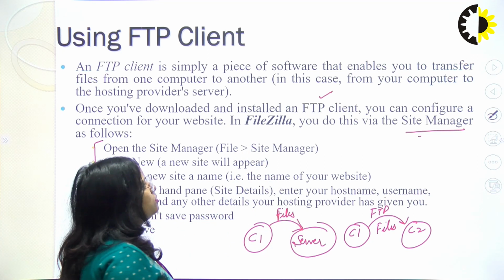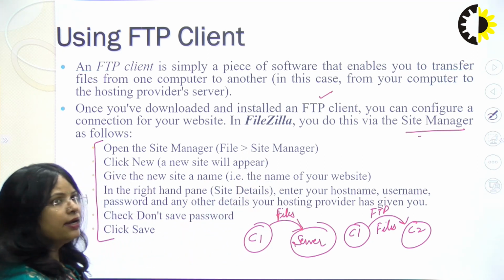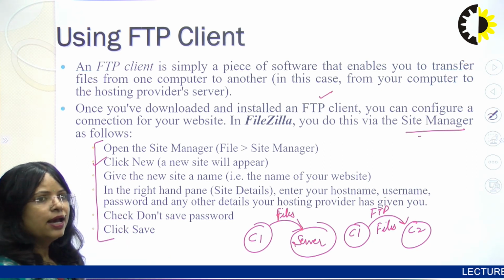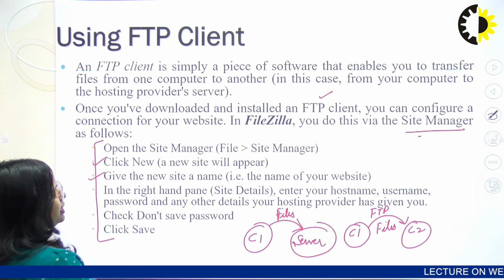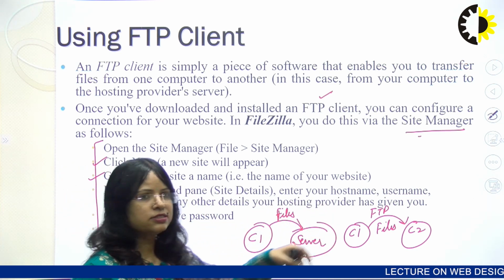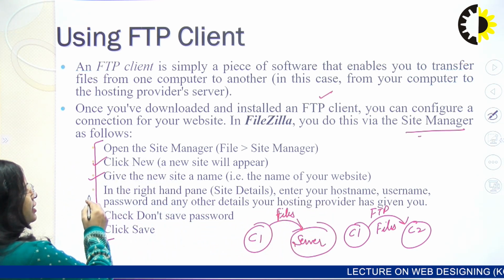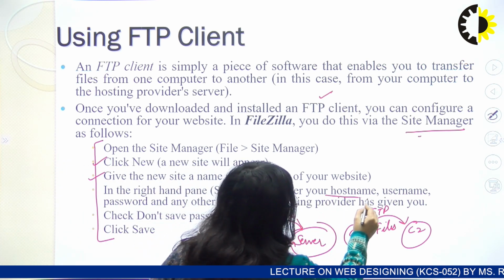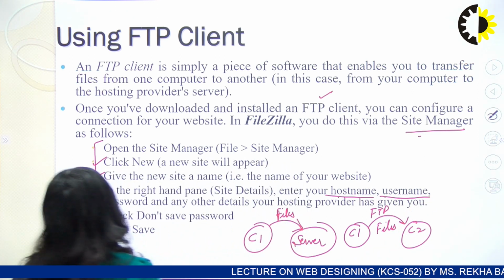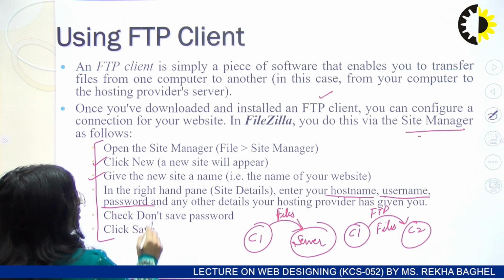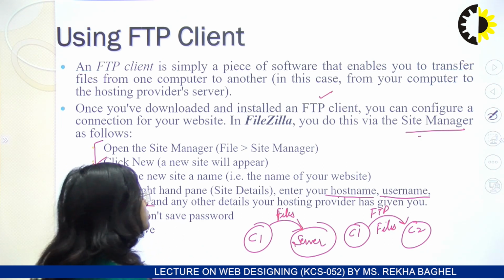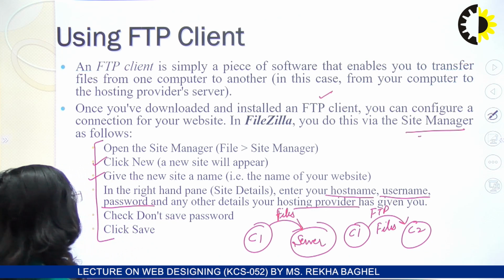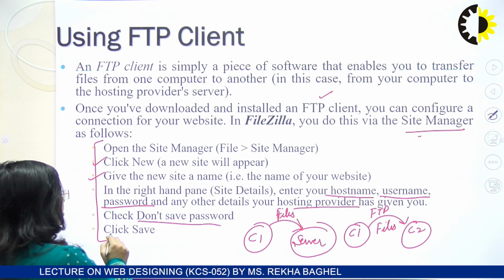Inside the file menu you can see site manager, and click new. A new site will appear, and give the new site a name, that is the name of your website. In the right hand pane, enter your host name, username and password and any other details your hosting provider has given you. Check don't save password and click save.